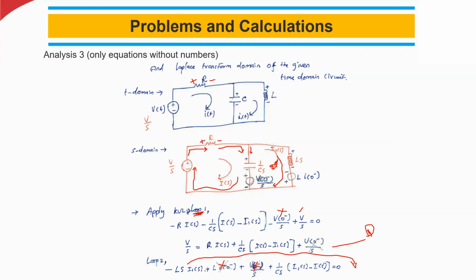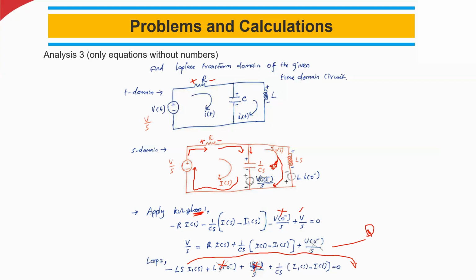So this is how you have to write the equation for a given circuit by using KVL or KCL or voltage divider rule or mesh analysis or superposition theorem. You can use whatever analysis you can apply to the circuit, and you first write the equation either in time domain and then convert into the S domain by using the Laplace transform, or you can draw the circuit first in the S domain and then write the equation.